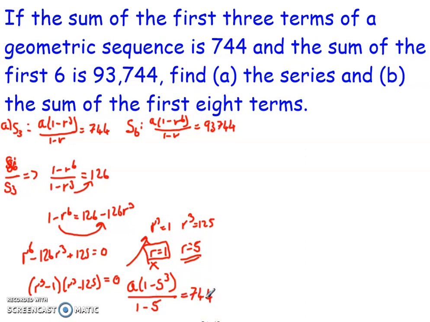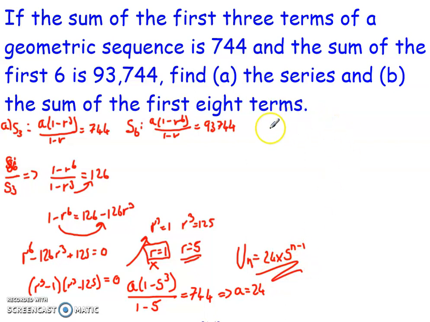And if I solve this through here now, 1 minus 5 is negative 4, and then do 1 minus 5 cubed on the top and divide it through, what I end up finding is that a is equal to 24. So for this one here, my geometric series is given by u_n equals 24 times 5^(n-1). So there you go, that's me got the series.